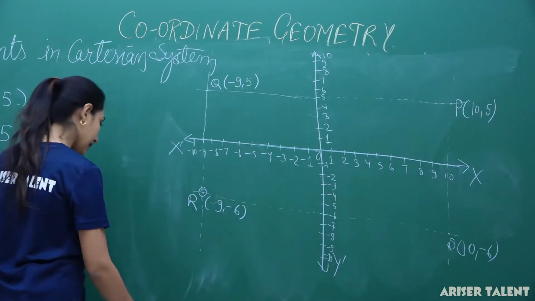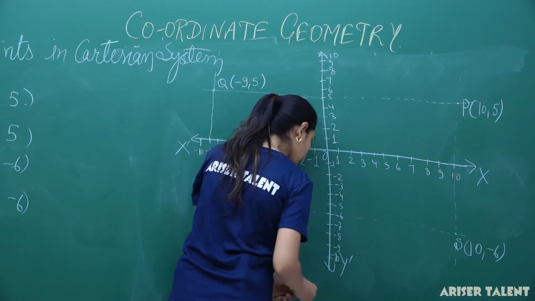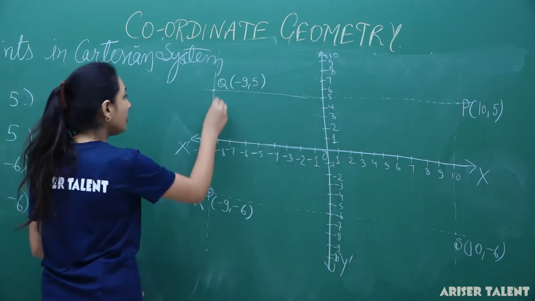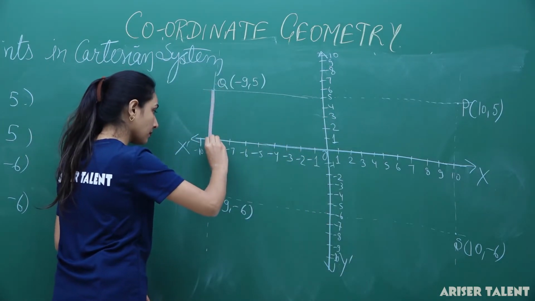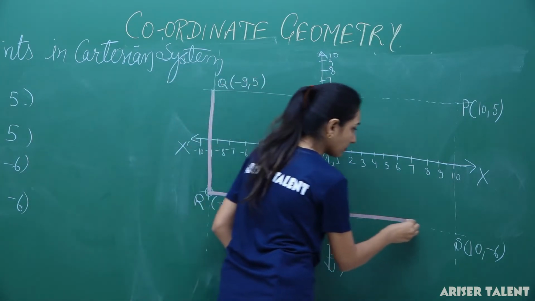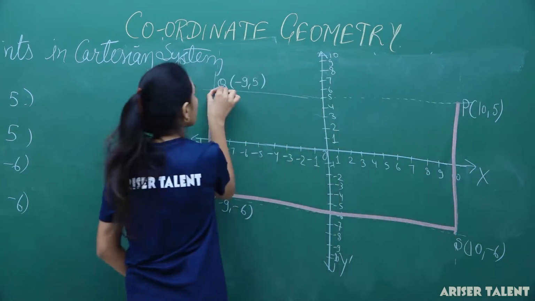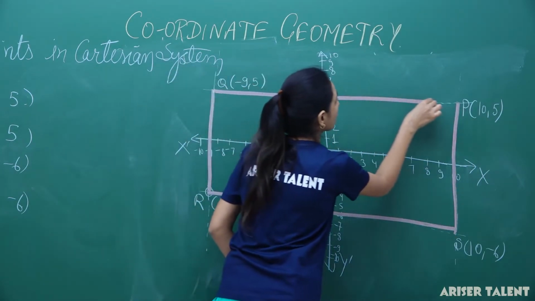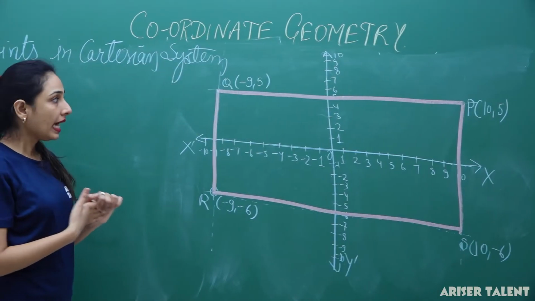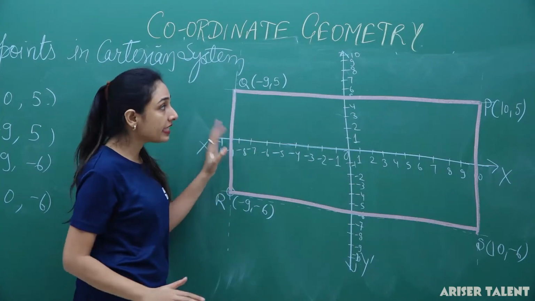Now, if I am going to join these 4 points, that will be, right, a rectangle.